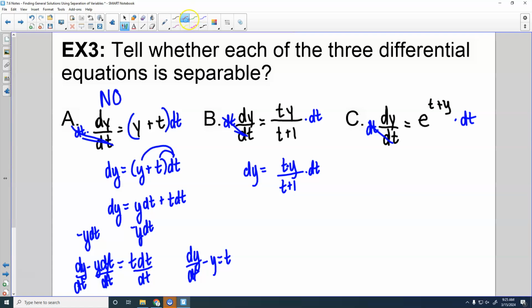I don't. So if I multiply this side by 1 over y, right, and this is all multiplied, I got 1 times t times y on the top. I could put parentheses here, right? This is multiplied as well. I could cancel that y right there, which means I could multiply by 1 over y over here as well, and I would have 1 over y dy equals t over t plus 1 dt. That will separate. That's a yes.